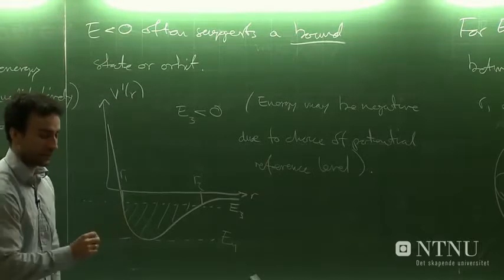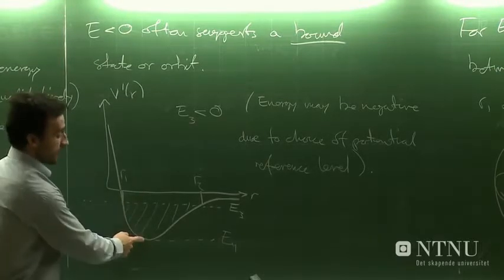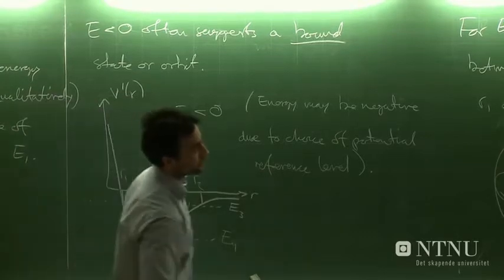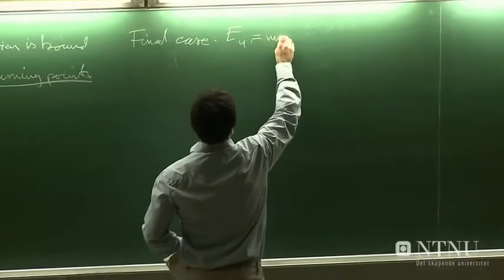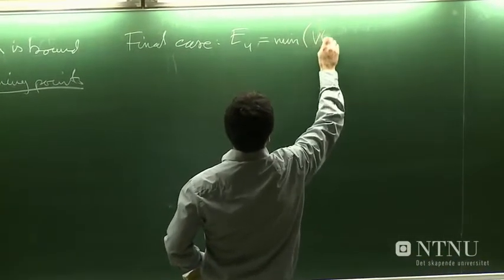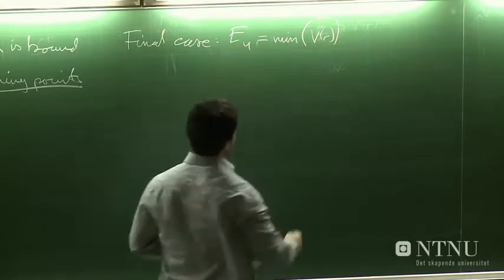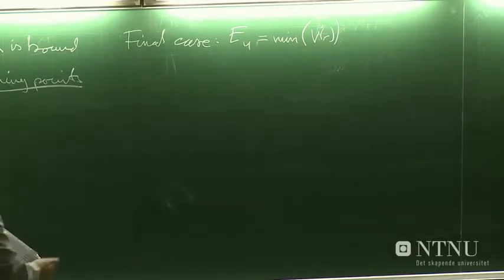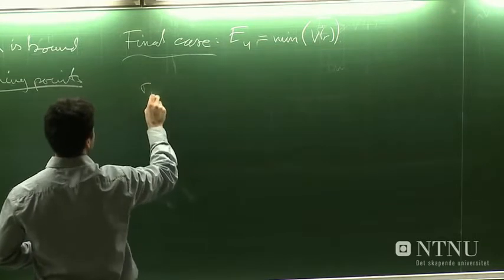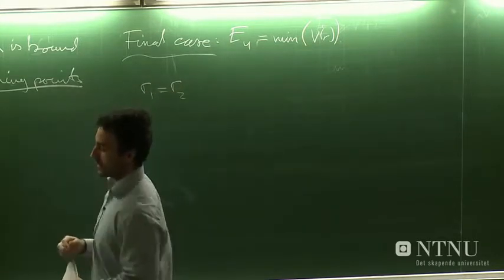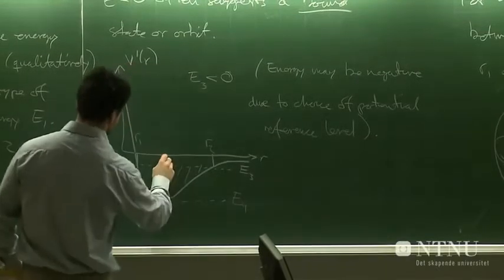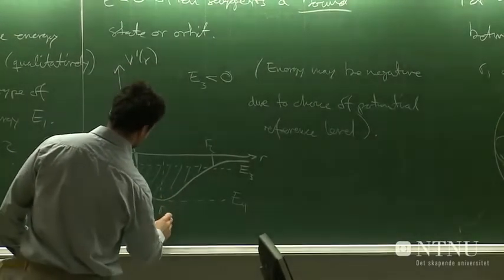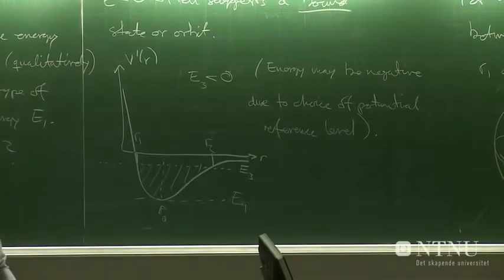When the energy of the particle is equal to the minimum of the potential energy. In that case, as you point out, the radii R1 and R2 are actually the same. And we can call that R0.